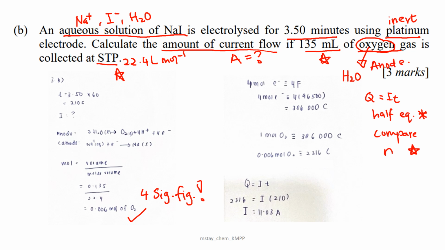That's why we get the marks for the half equation at the anode, but this half equation will not be given full marks because the H+ doesn't have the physical state. Next we do the comparison, so another 1 mark, and then we use Q equals It to get the value. The current is 11.03 ampere, so here is another 1 mark. For this question, you will get 3/3 marks.